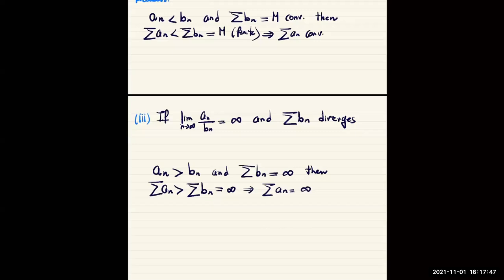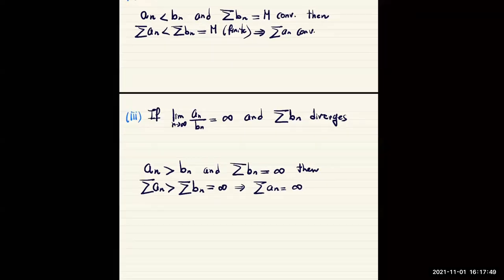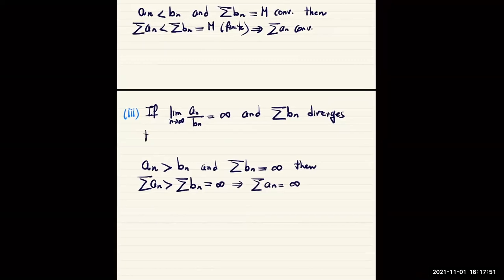That is a conclusion. If the summation of b sub n diverges, then the summation or series of a sub n must diverge. And we just did the reason.